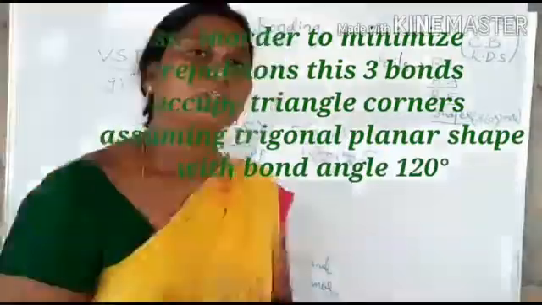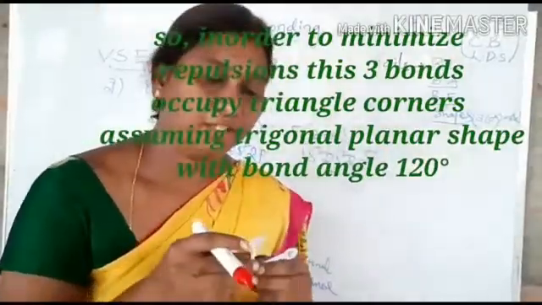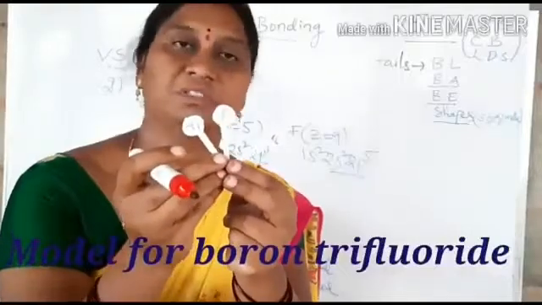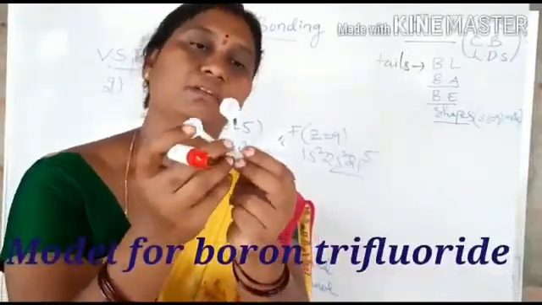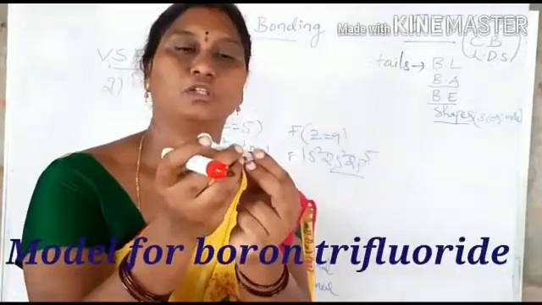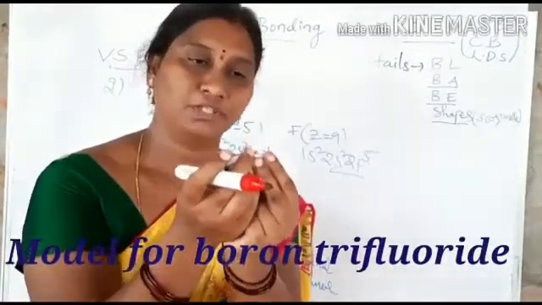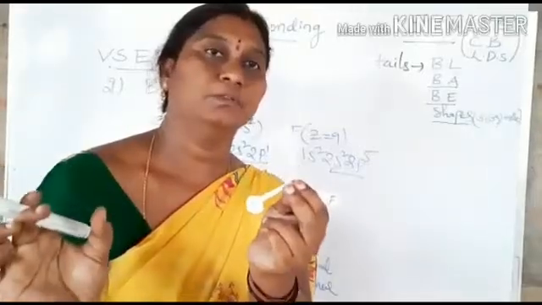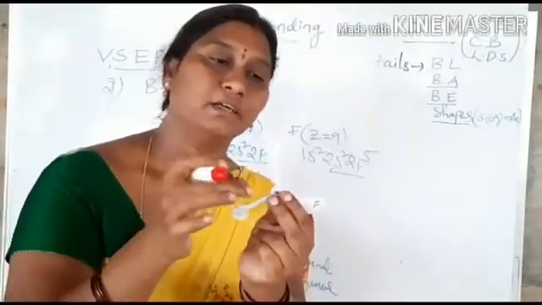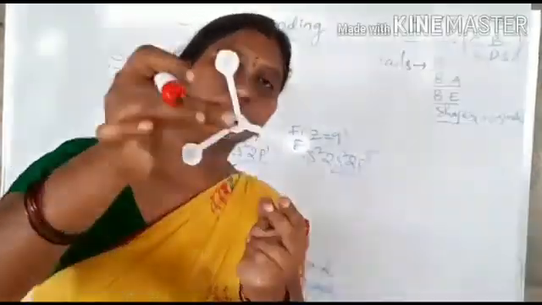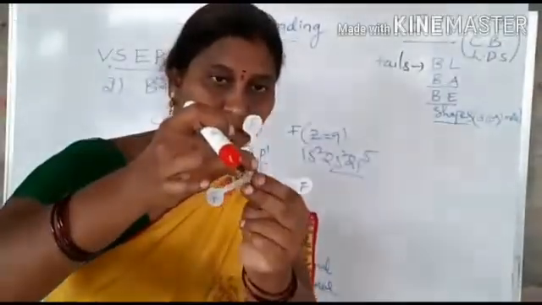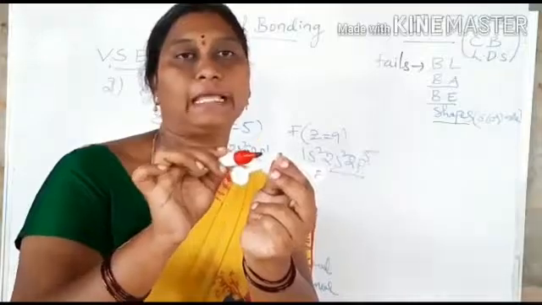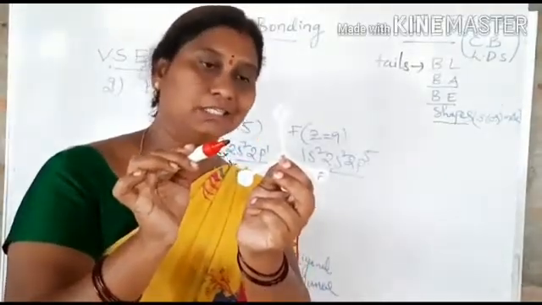So in order to minimize the repulsion, they assume trigonal planar shape. See here, let it be 3 bond pairs like this. They are nearer to each other, so they get repulsion. Here also they are nearer, they get repulsion, and they separate as much as possible in order to minimize the repulsion. So these 3 bond pair electrons assume the triangle corners with bond angle 120 degrees.